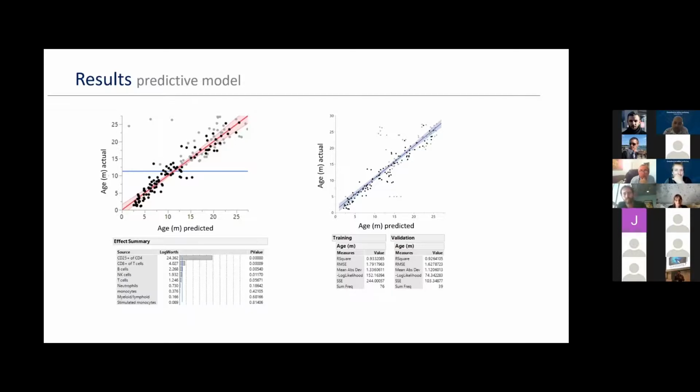Maybe it's a stupid question, but why not use human data? Because you are implying from this that CD25 is really important for aging, because otherwise it wouldn't predict age. So then it should be universal. It should, or at least for mammals. So for humans, you have the best chance probably to have this kind of data in large quantities. No, because CD25 is normally not looked at.